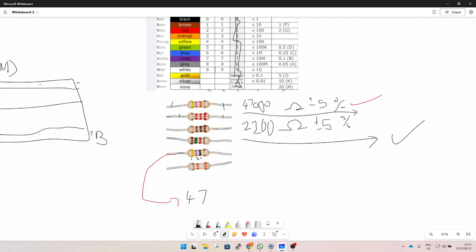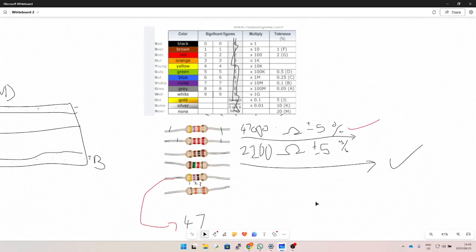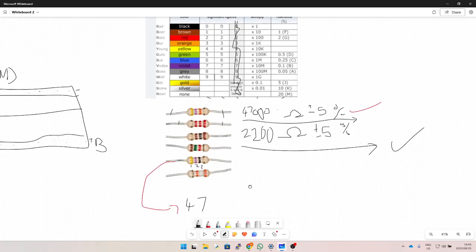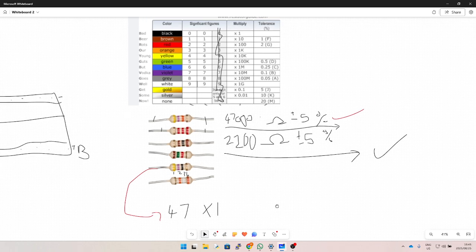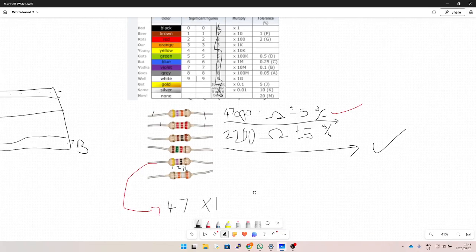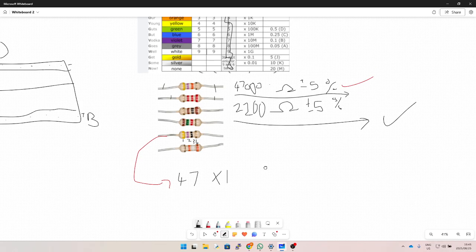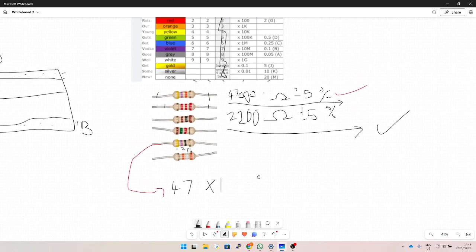Now I'm moving on to my third band. What's going on with my third band? It's 0. You're timesing by what? 1. Yes. Then, for my fourth band, what's happening? What's my tolerance percentage? Plus minus 5 is gold. That is gold.